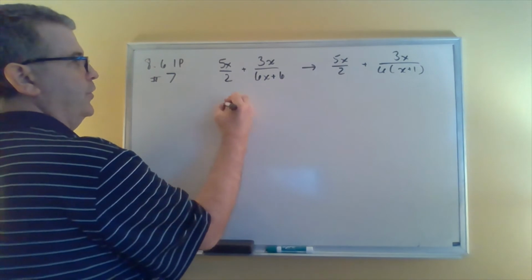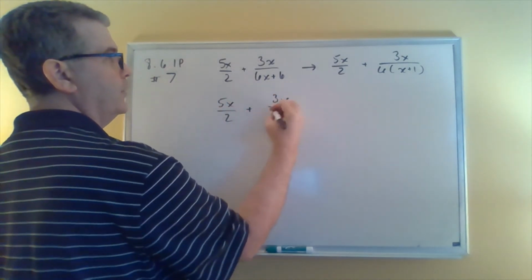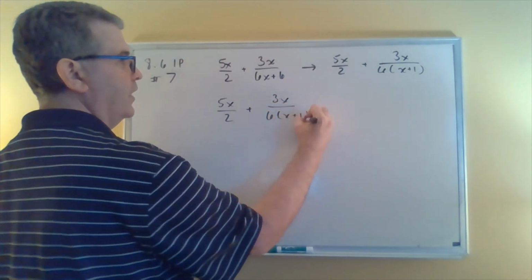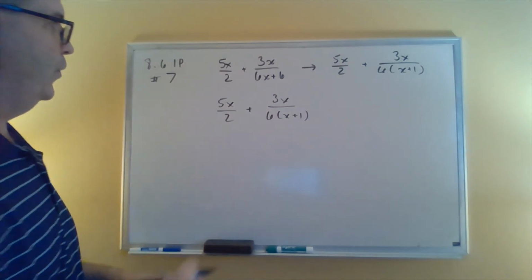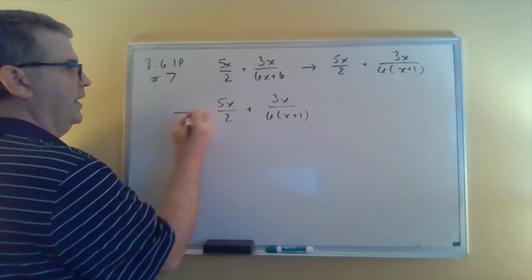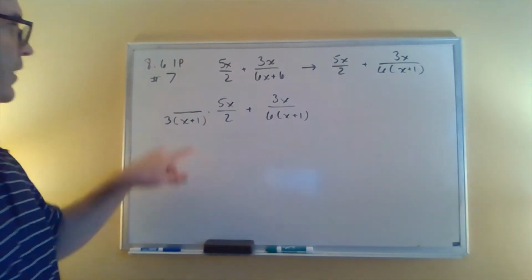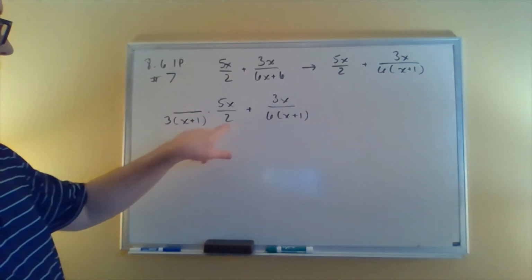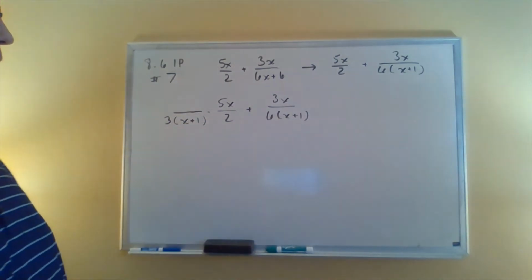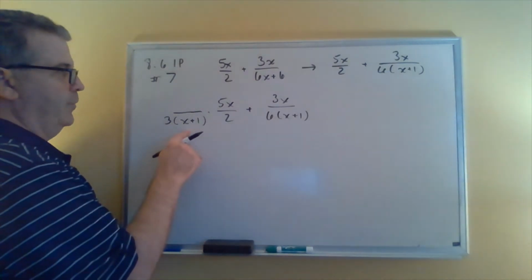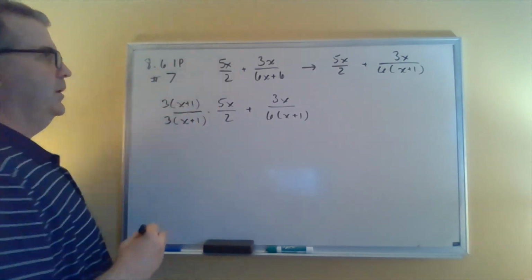So I'm going to rewrite 5x over 2 plus 3x over 6 times x plus 1. What can I multiply 2 by to get the 6 times x plus 1? I actually would multiply that by 3 times x plus 1. If I multiply 3 times x plus 1 times 2, I'm going to end up with 6 times x plus 1, which is what I want. But whatever I multiply the bottom by, I'm going to have to multiply the top by, so 3 times x plus 1.